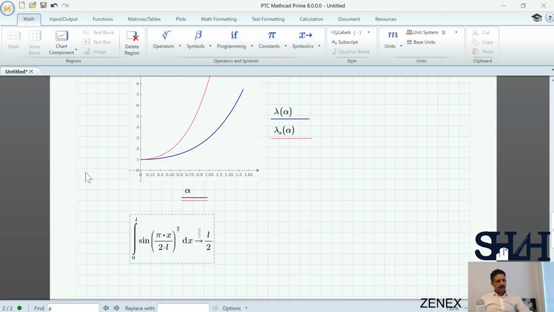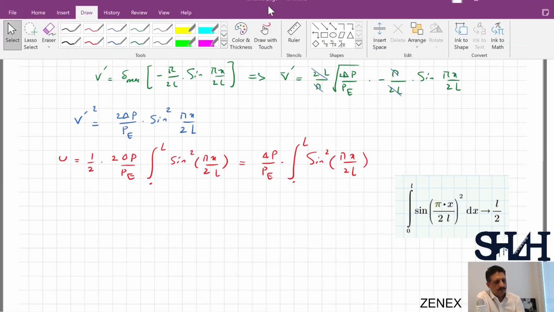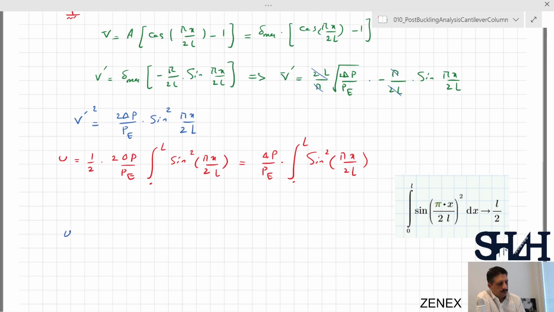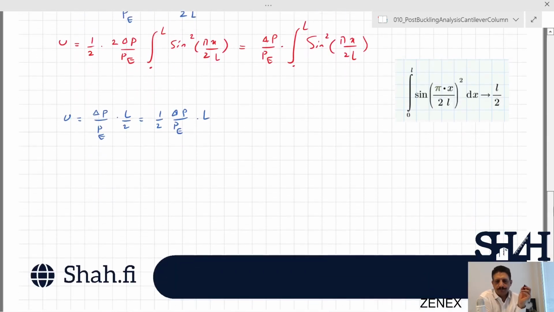So it will be L divided by 2, and then we can rewrite the equation of U, which is delta P over PE times L over 2, or 1 over 2 delta P over PE times L. So this is the elongation.